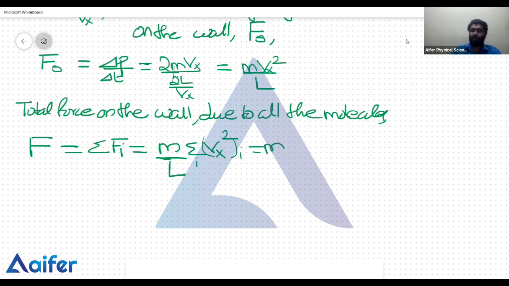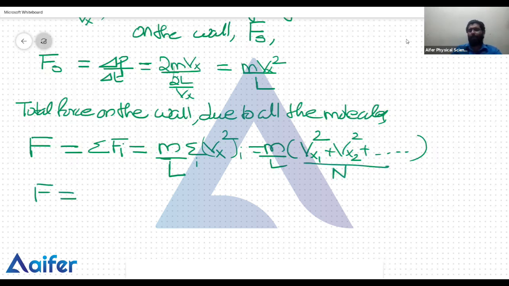That is equal to m by L times Vx square of the first particle, so I am putting Vx1 square, plus Vx square of the second particle, and so on. Okay, so this is equal to, I am just dividing by the total number n, and I am multiplying with n. Any problem? No problem. So I will get mn divided by L into, what is this equal to? Sum of squares of velocity divided by total number.